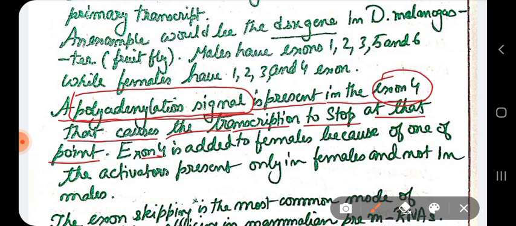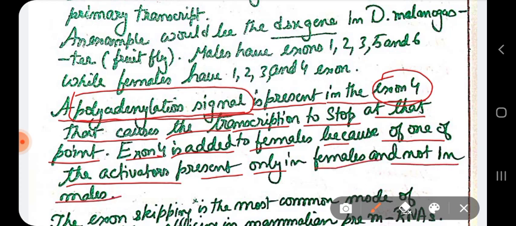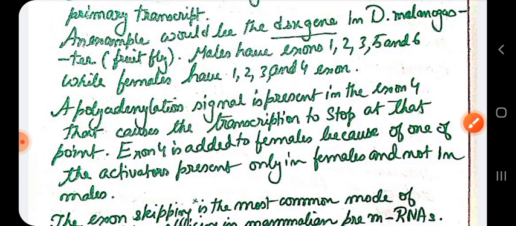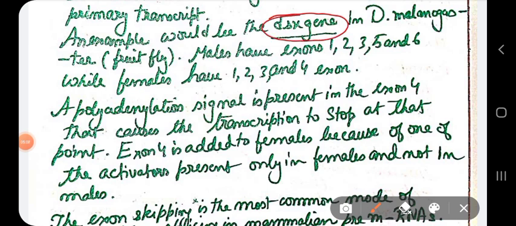Exon number 4, on the other hand, in females is added because of one of the activators present only in females and not in males. So if I say it in a stepwise manner, the DSX gene found in the male has exon number 4 missing.